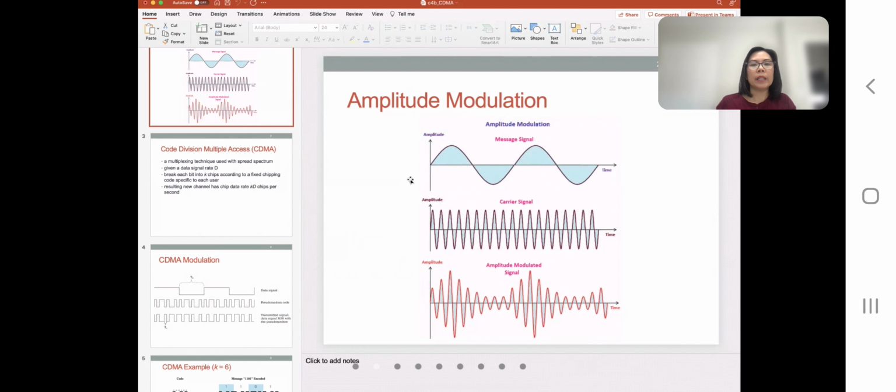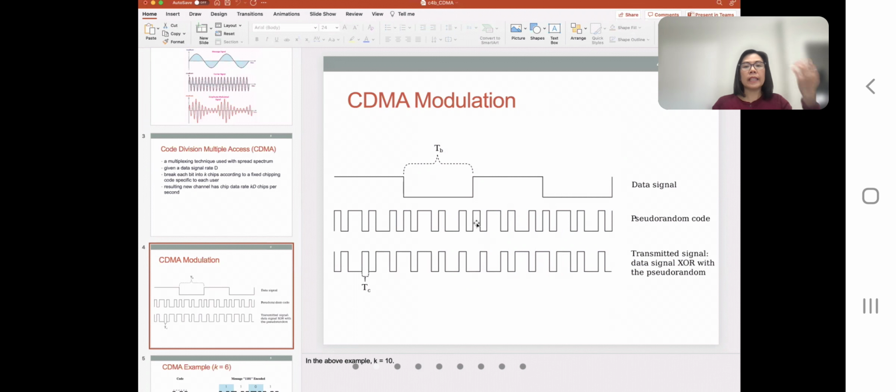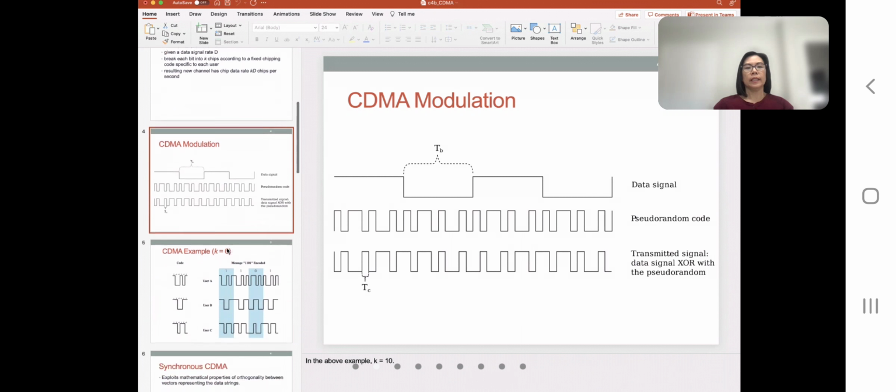Then we modulate this signal using the carrier. In this case, instead of using a special kind of circuit to modulate the two signals, we use the XOR operation, basically another kind of modulation. And we get this sequence of signal to transmit. So this is one example.